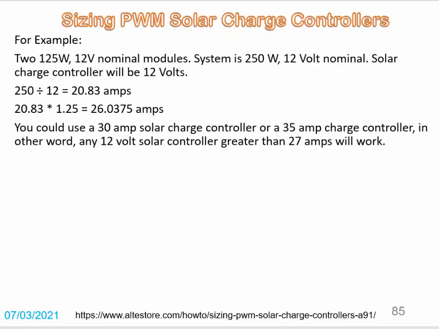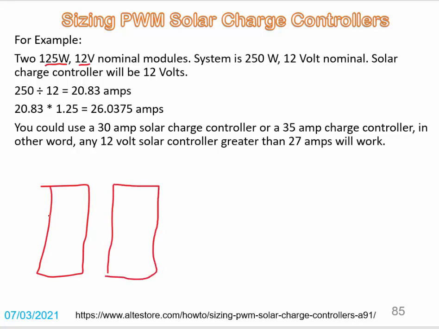Now let's see an example: a system of two 125 watt, 12 volt nominal modules. So we have two solar panels, each one 125 watt, and each solar panel is 12 volt.